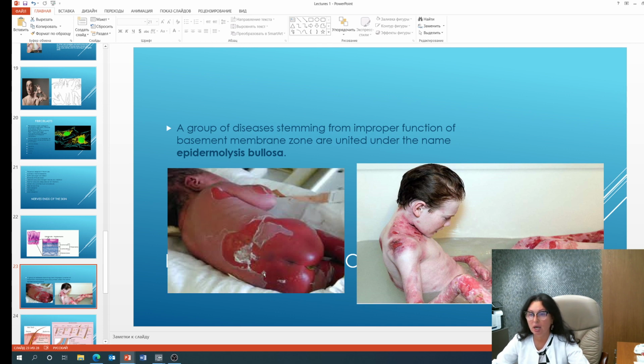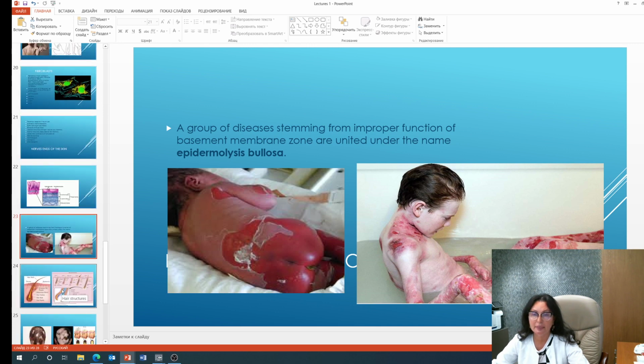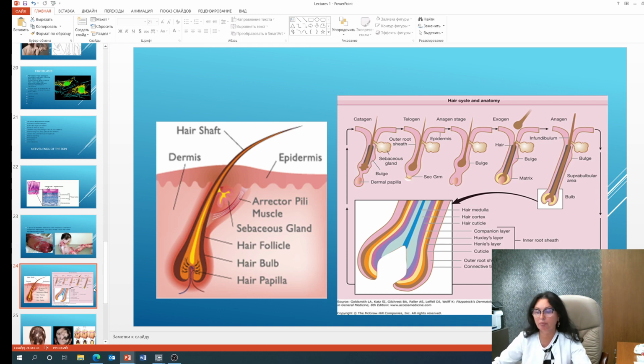It does not recover, and there is a lot of erosion. It's a very difficult disorder in children. These children do not live long, and it is accompanied by infection. They have a short life.